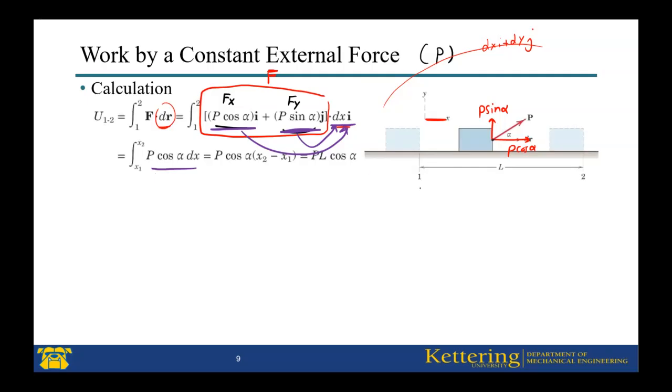For the first term, P cosine alpha i dot dx i, because i dot i is 1, this will be P cosine alpha dx.